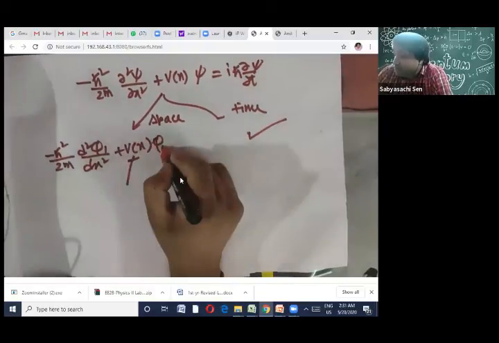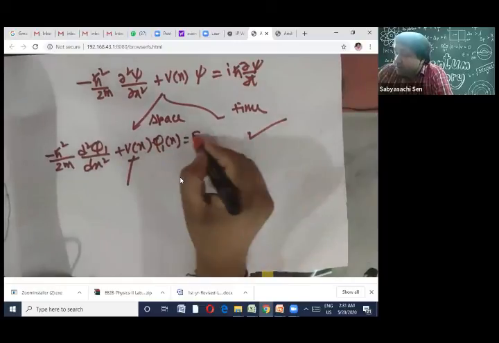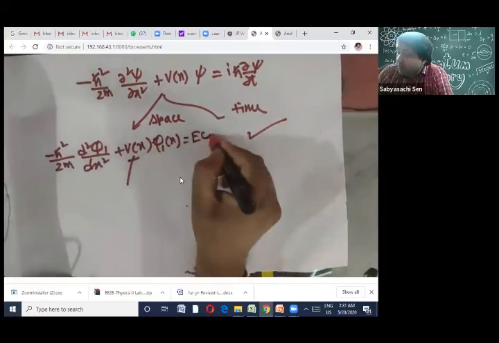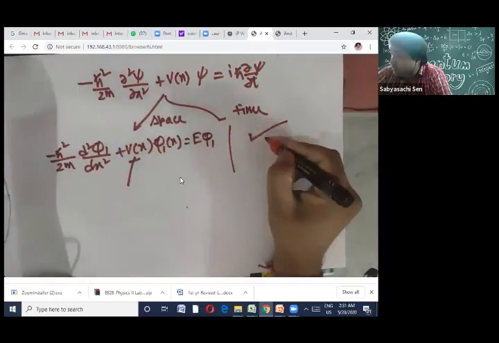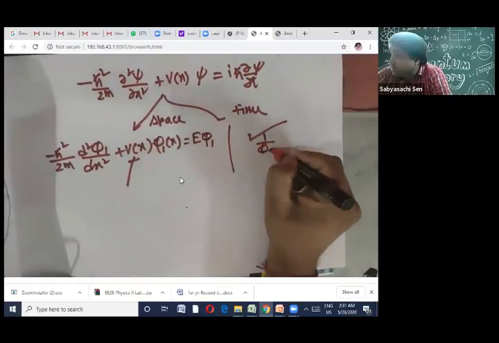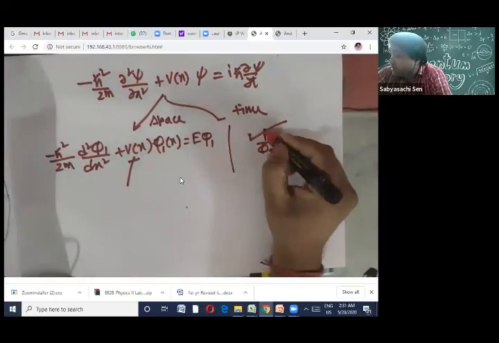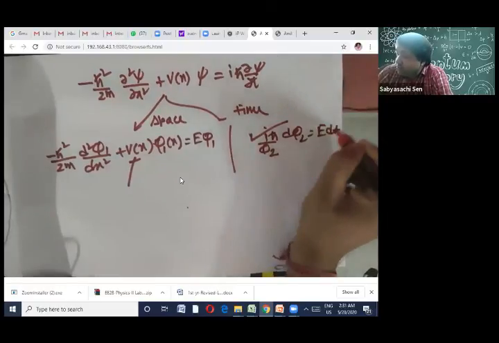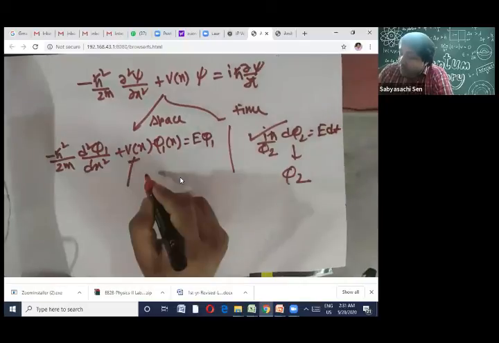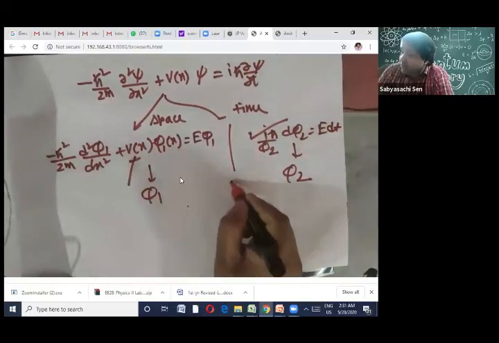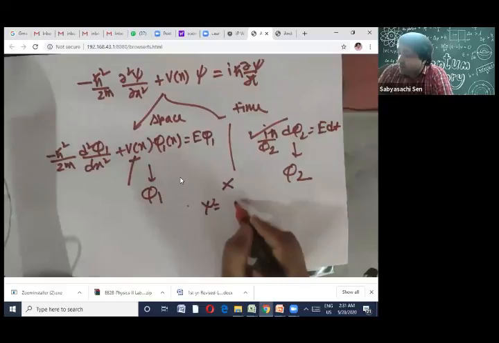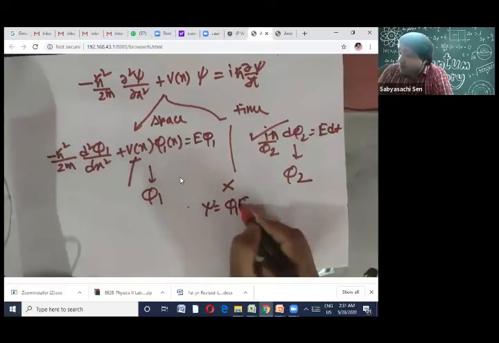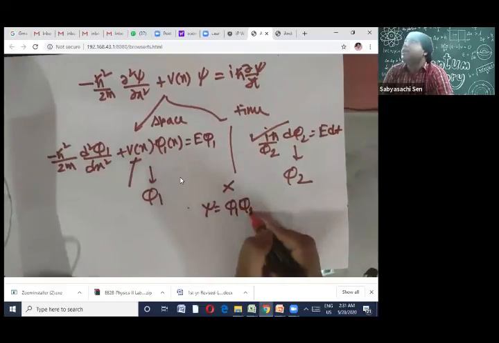If the time part was like this, 1 by phi 2 i h cut d phi 2 dt, this will give you phi 2 and this is going to give you phi 1, and the product of phi 1 and phi 2 is your psi. Now suppose you have got psi.